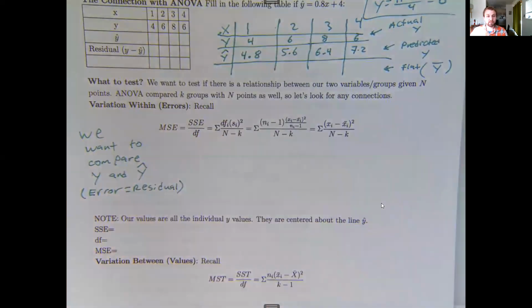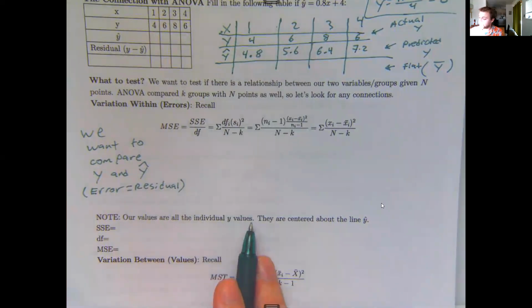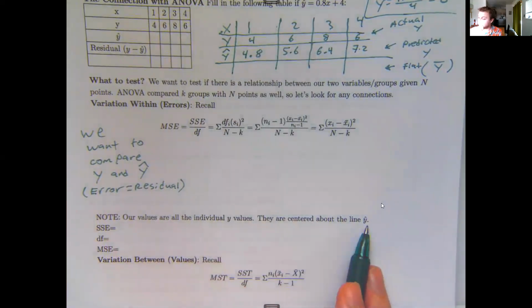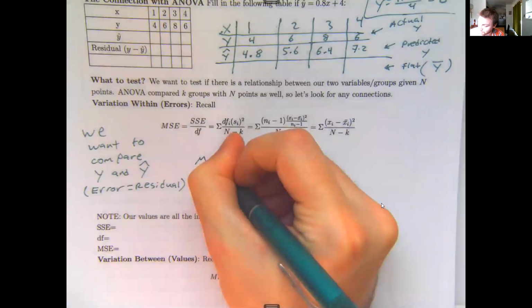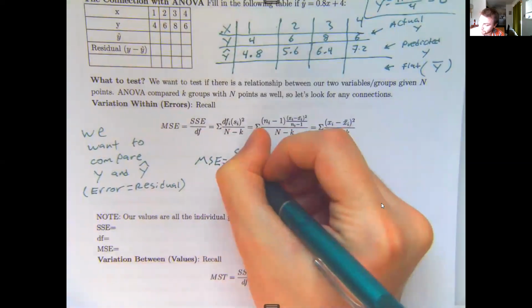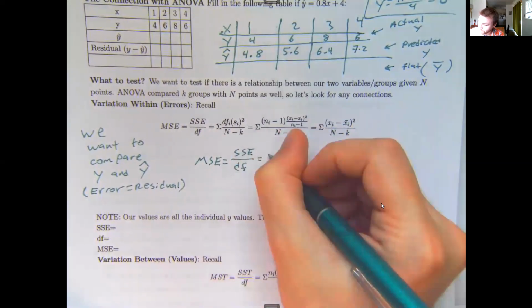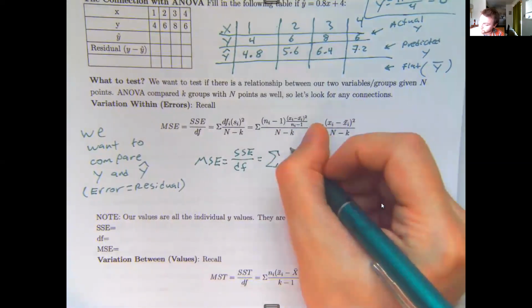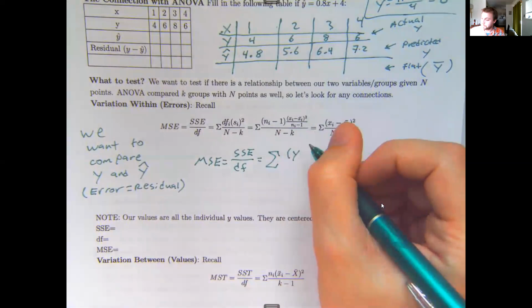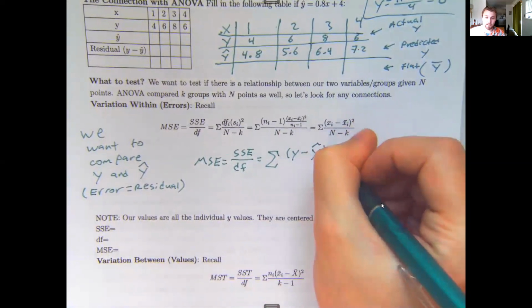So in this case, just kind of matching things up, our values are individual y values, and they're centered about the line y hat. So I think this should look like the following. MSE, which is an SSE over DF. We should have the sum of our individual values. These are our y values. And I'm comparing these to our y hat.